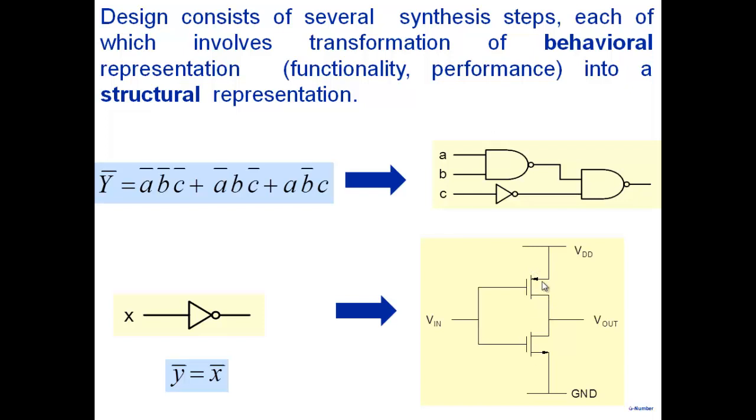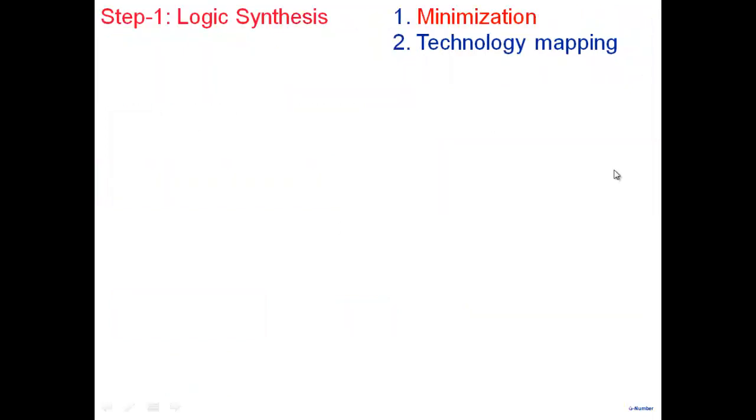Now, in the next step, I'll have to take the transistors and convert them into actual layout, where the elements are N plus diffusion, polysilicon, and metal layers and things like that. So it's a structure made up of those physical layers. So every step of the design involves a conversion of some behavioral representation into a structural representation.